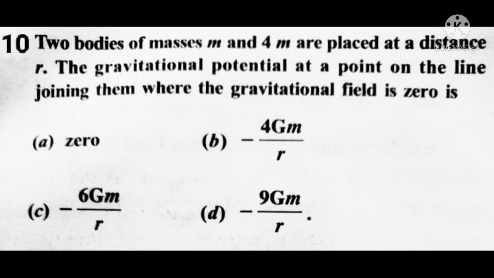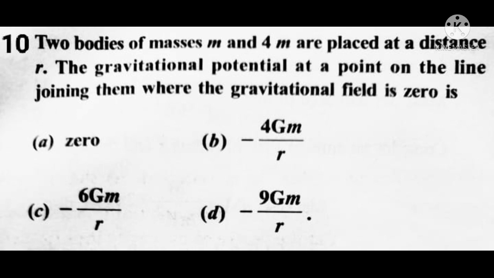In this question we have given two bodies. The mass of one body is m and the other body is 4m, and they are placed at a distance r. Means the distance between these two bodies is r, and the gravitational potential at a point on the line joining them where the gravitational field is 0 is.